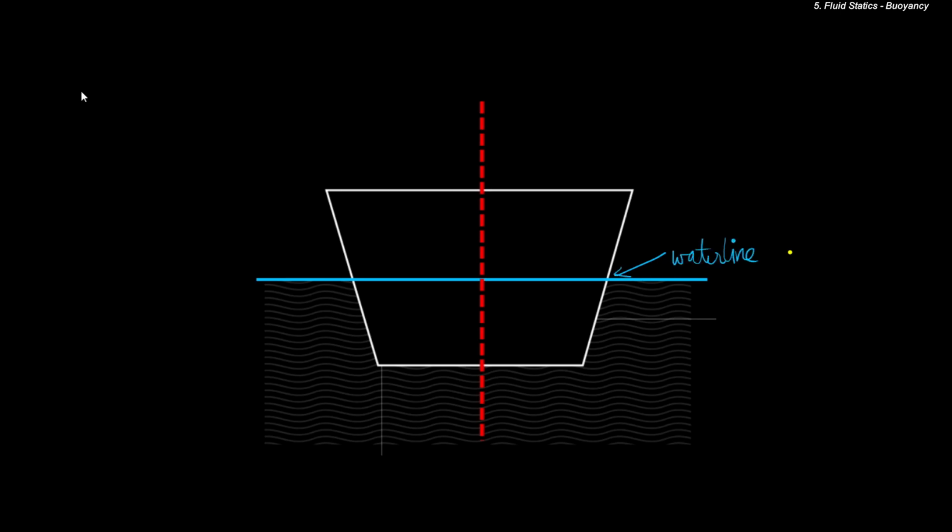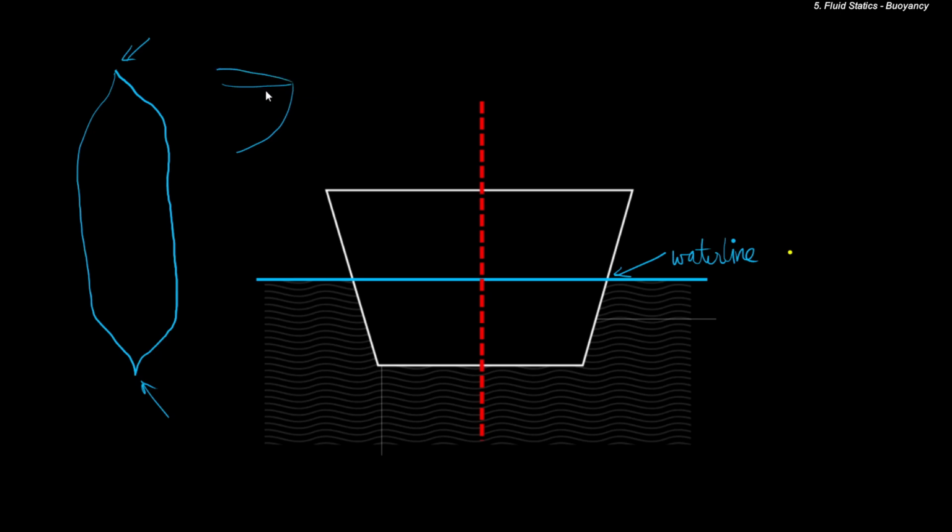In the top view, this water line is going to look something like this. And it's pointed towards the end because the ship usually has a pointed end, right?